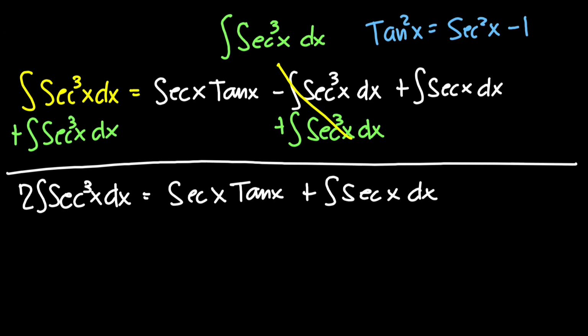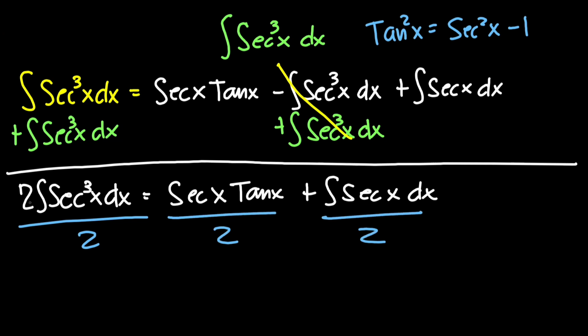And now, since what we only need here would be the integral of secant cube of x, we would want to get rid of these two values right here. Now what we're going to do would be to divide all sides by 2. So this would be cancelled.